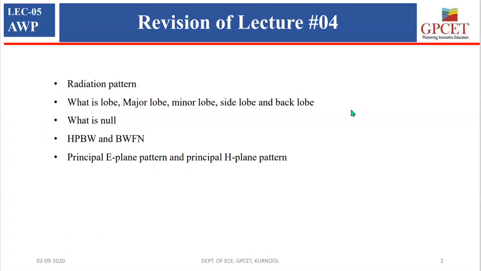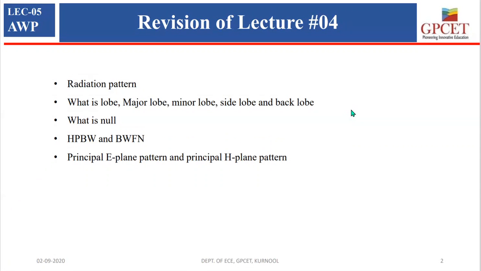In simple words, the radiation pattern is nothing but a mathematical equation or a graph that gives the information about the radiation properties of the antenna as a function of space coordinates. Either it may be a graph or a mathematical equation, but it gives the information about the radiation properties of the antenna as a function of space coordinates. That is called the radiation pattern.